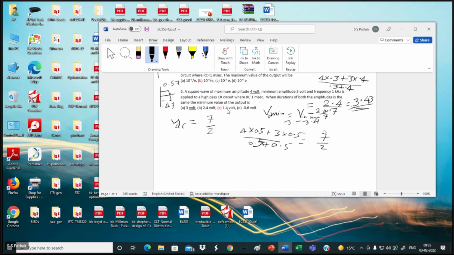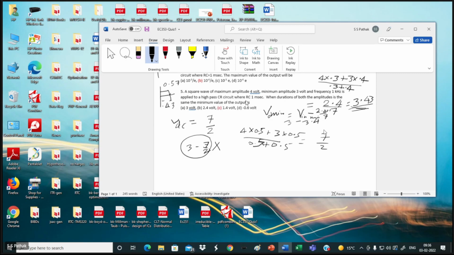Now the question is, what is the minimum value of the output? As such, if you see, the minimum value should be 3 minus 7 by 2. But this is not the answer, because there is a spike that has not worked.